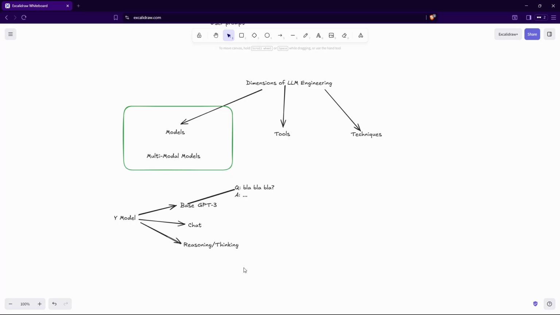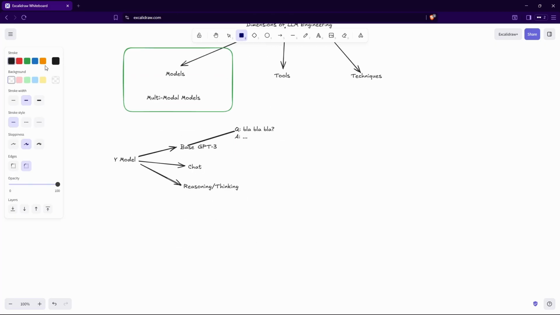Today, in the current day and age, you still have chat variants and reasoning and thinking variants, but often you have a mix and match between these two. So you have what we call hybrid models.